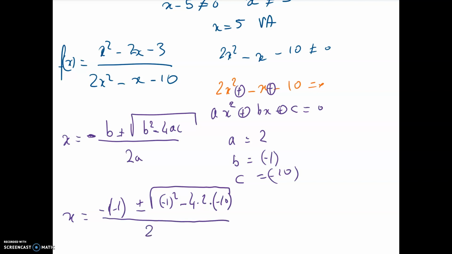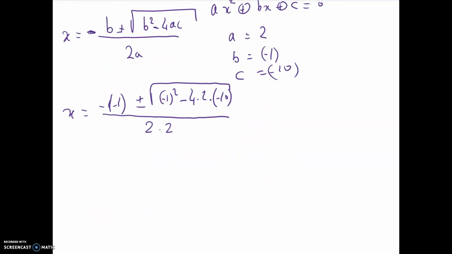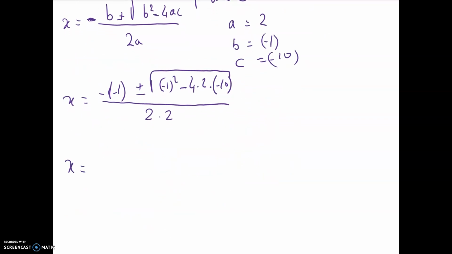Divided by 2 times a, so divided by 2 times 2. So I continue, and I get x equal 1 plus or minus the square root of 1 minus 4 times -10, which gives you plus 40. 40 multiplied by 2 is plus 80, divided by 4.